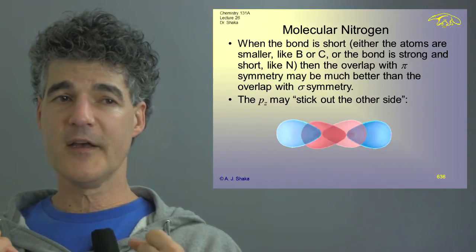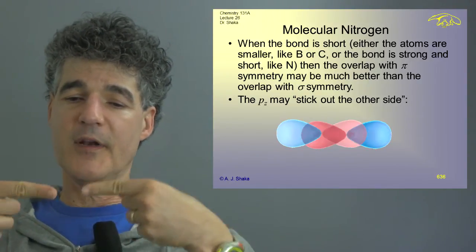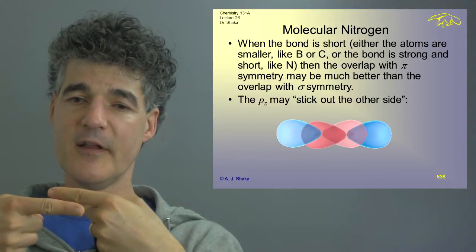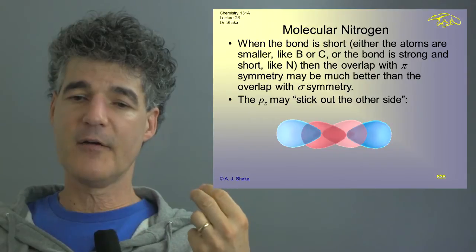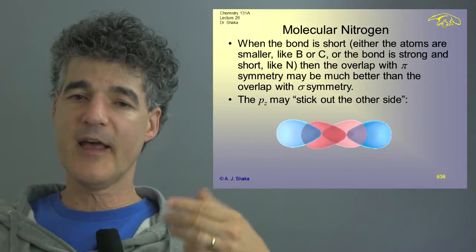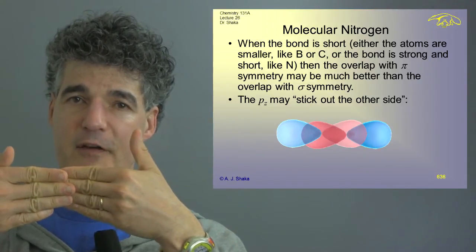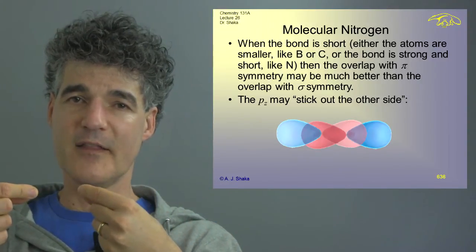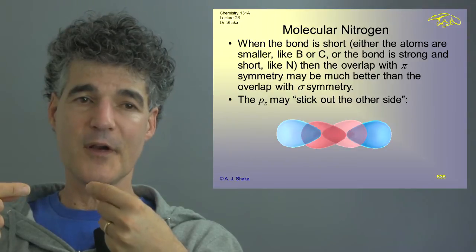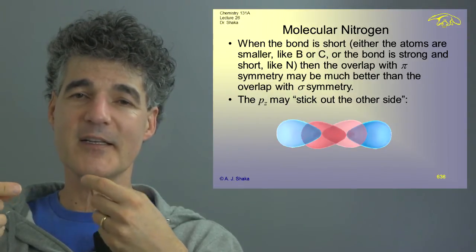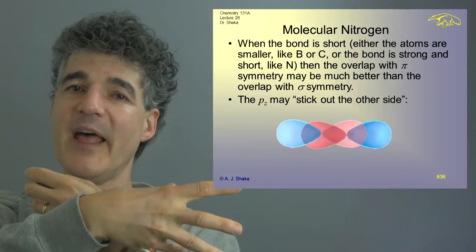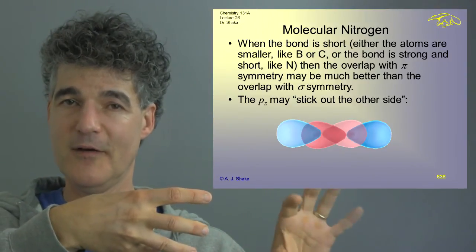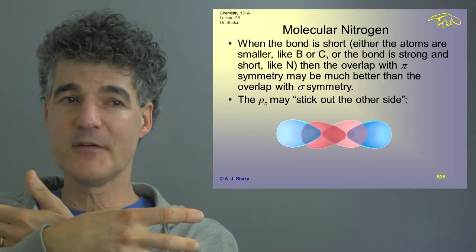So here's the idea. Normally I would have two red lobes here, and they'd be coming in and overlapping, and if the nuclei are out here and the lobes are like that, that overlap is going to be very effective. But supposing the nuclei get too close, like this, then as I've shown here on the bottom of slide 636, the red sticks out past the other nucleus into the blue of the other p orbital, and vice versa.